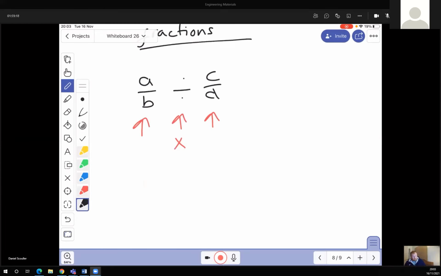So keep the same, flip the sign, flip the last one. We flip that last fraction and then it just becomes a multiplication.